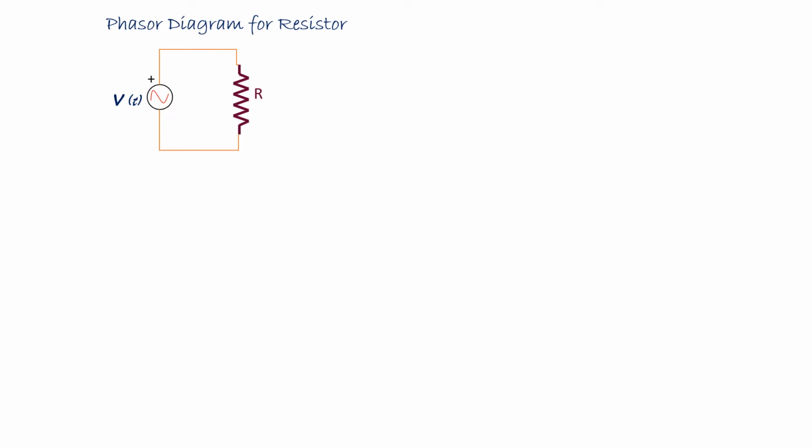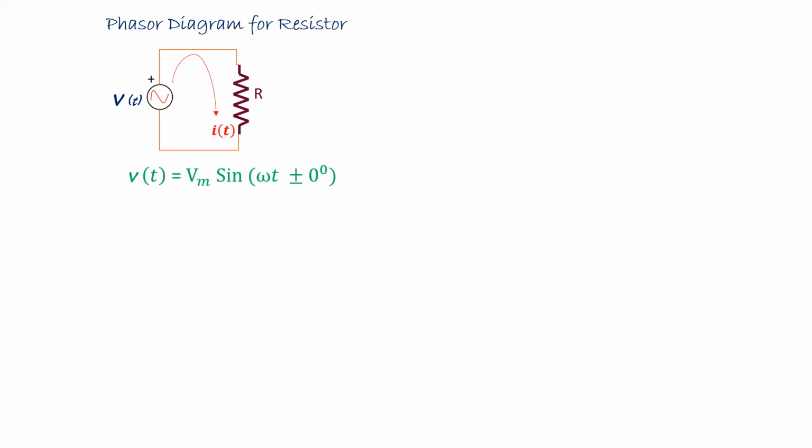Let us speak about the phasor diagram for a resistor. You are seeing in this figure a resistor R connected to a sinusoidal voltage v of t. In this loop, a current I will flow.